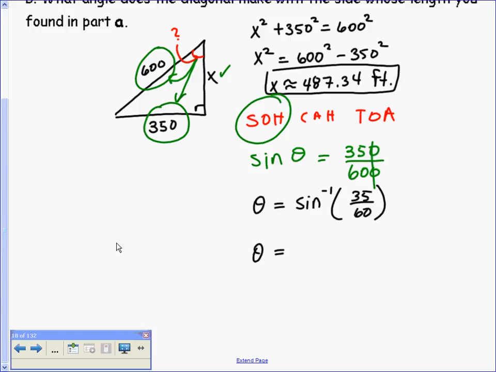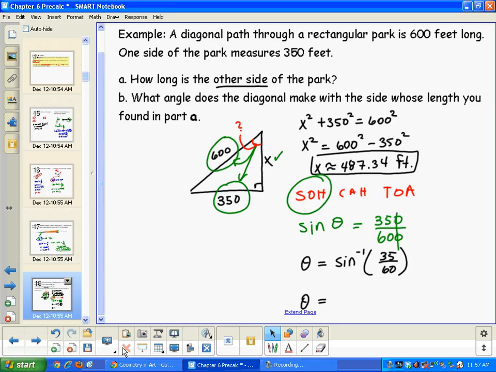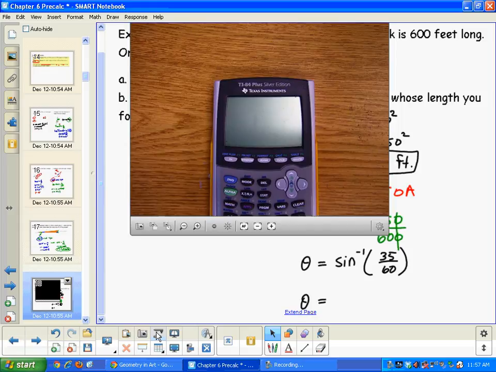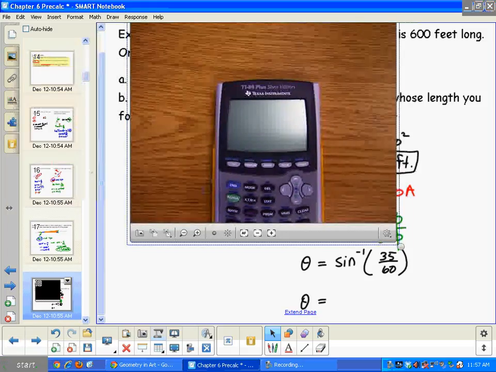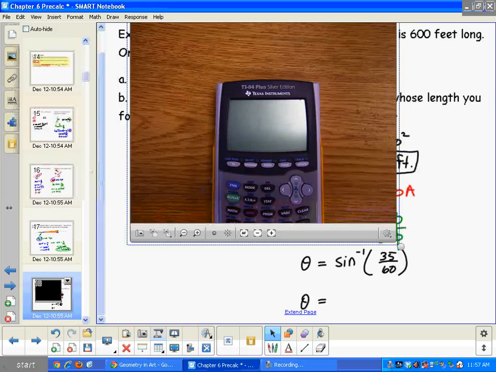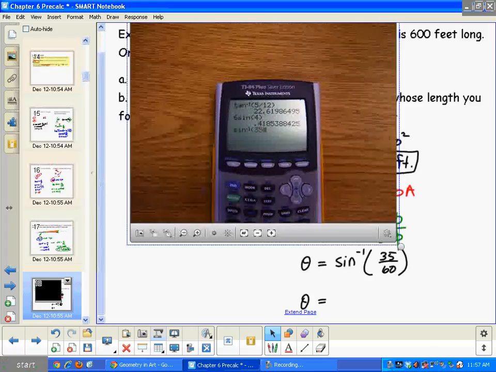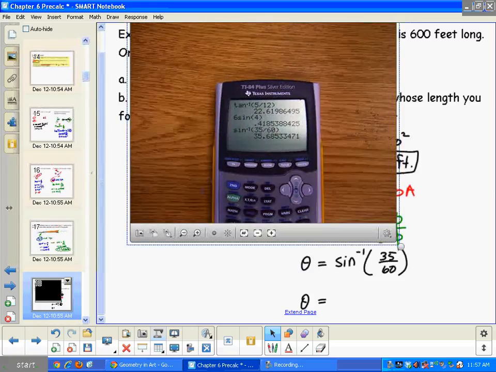Okay, and we use our calculators to find that, so let's put that in really quick. And we get approximately 35.69 degrees.